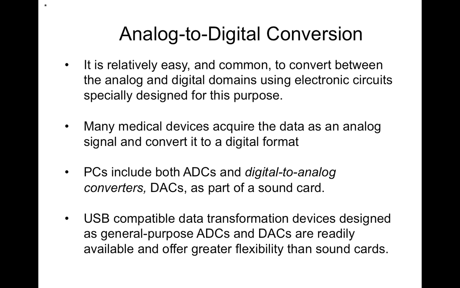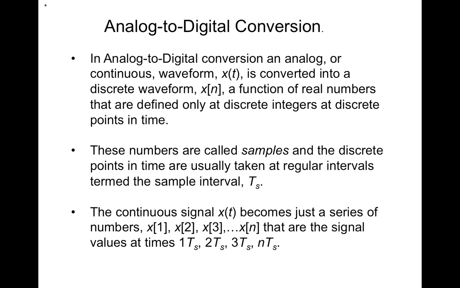USB compatible data transformation devices are readily available and offer much greater flexibility than a traditional computer sound card. In an A to D conversion, an analog or continuous waveform is converted into a discrete waveform.